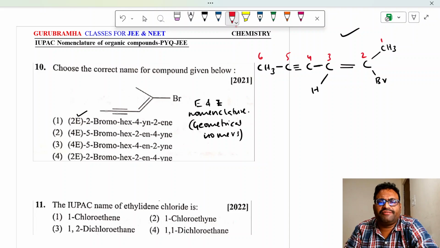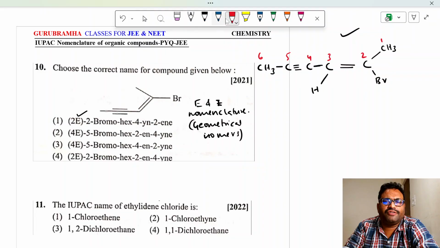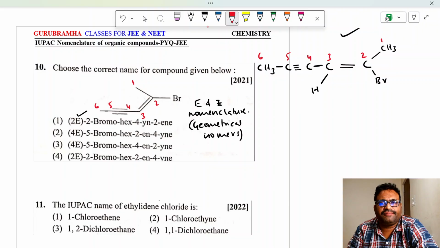From right to left. Here, if you see, 1, 2, 3, 4, 5. This is the number. You can correlate these two structures. Because at the second position, you are finding a substituent as well as the double bond.